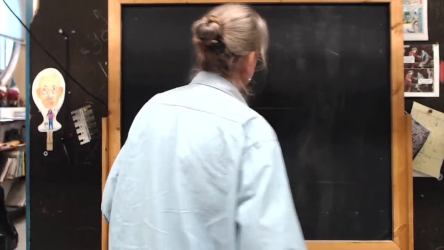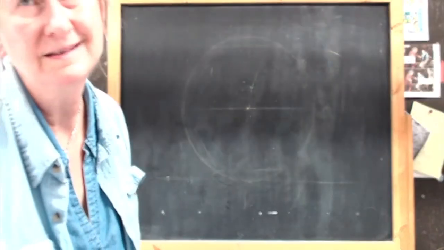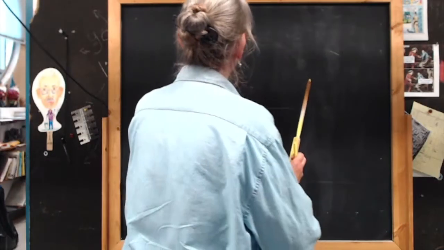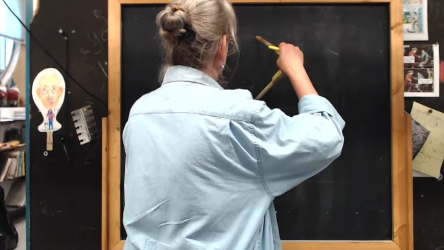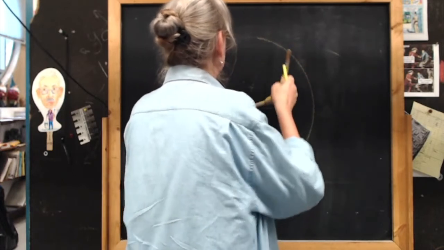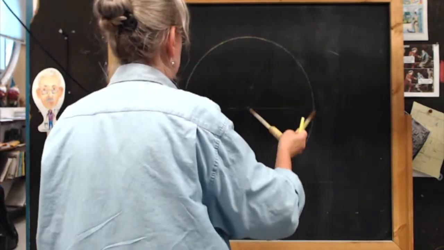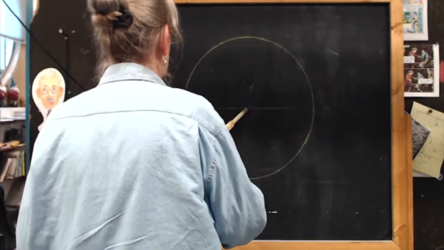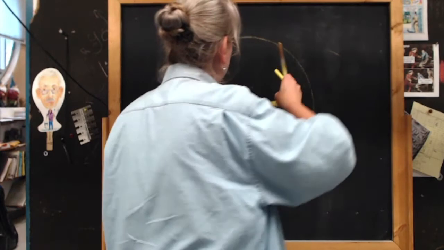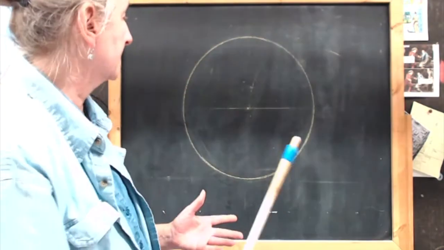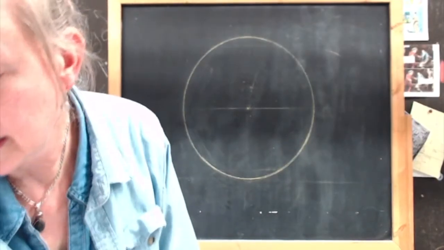For my next trick, I'm going to draw a star, starting with a pentagon. Okay, and for this exercise, once again, I do need to bisect.